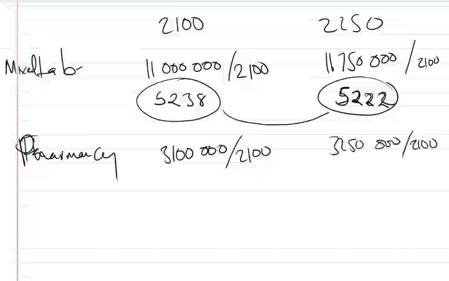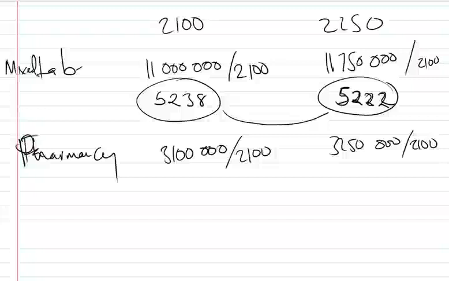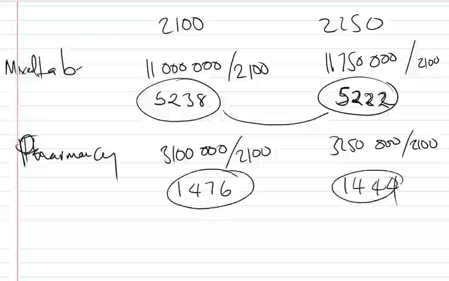So when you do that, 3,100 divided by 2.1, I'm finding 1,476. Here I'm finding 1,444. They are not even the same as well. That means this is also mixed.